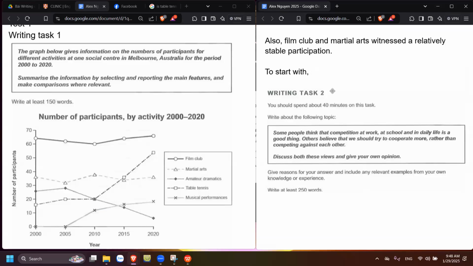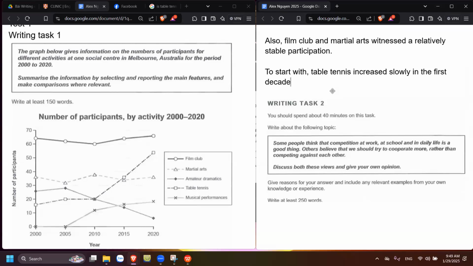All right. Let's just say to start with, table tennis. I can use the verb form or noun form of the same word. So table tennis increase slowly in the first decade.